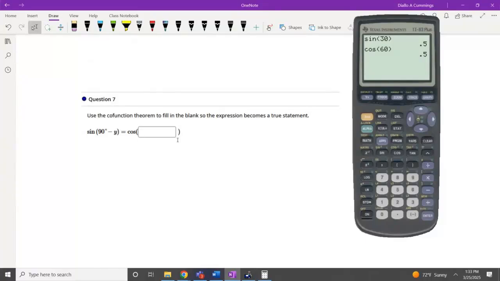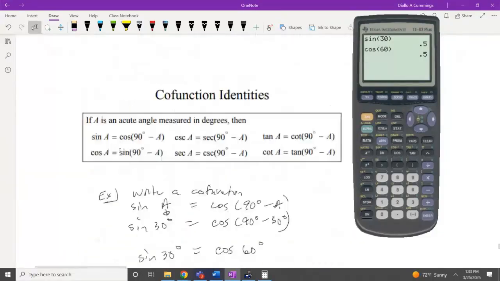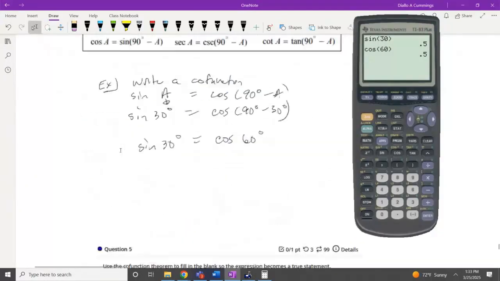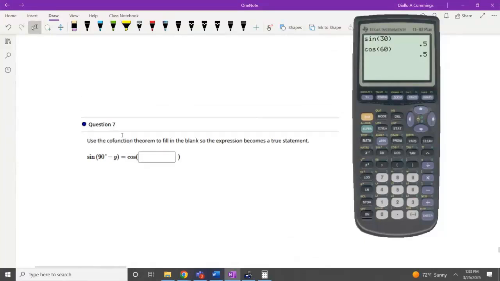Problem number 7 uses the same cofunction theorem, but it doesn't actually give you a value. It uses a variable y. These formulas can actually be used in reverse. What I mean by that is the sine of 90 degrees minus y.